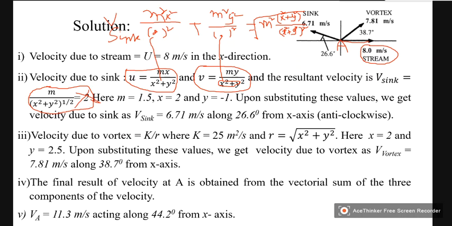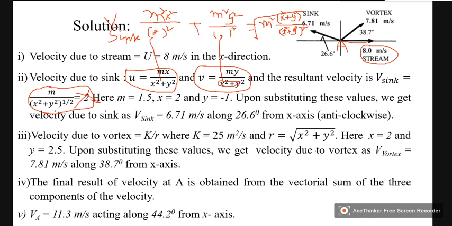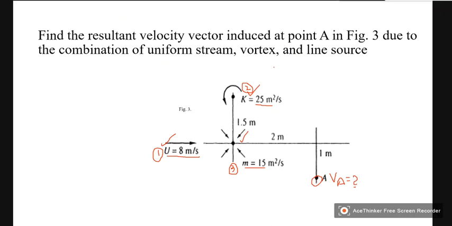Here, what is m? Go to the problem. M is 15. X is 2. Now you go back. Let us see what are the values of x and y.